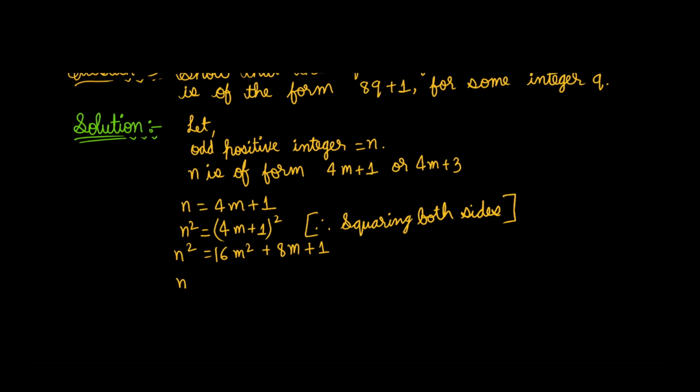So we will take common. n square is equal to 8 common, so 8 times 2m square plus m, plus 1.